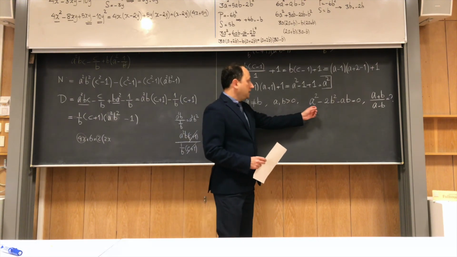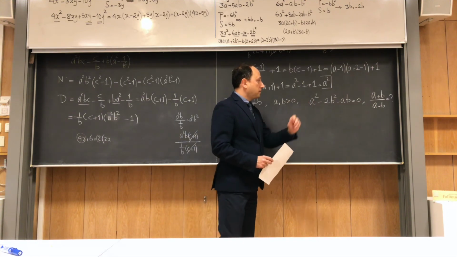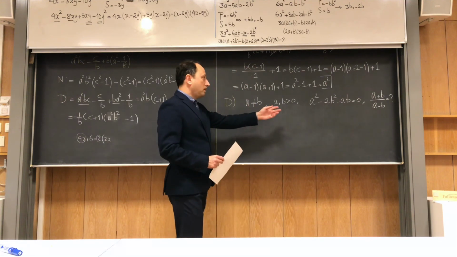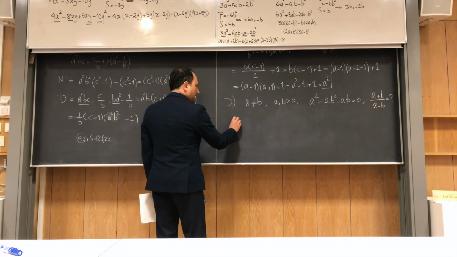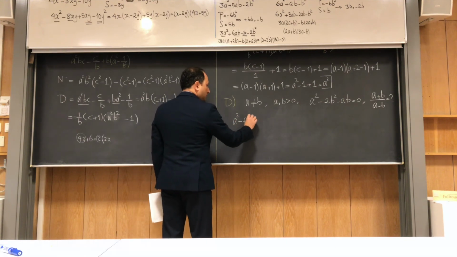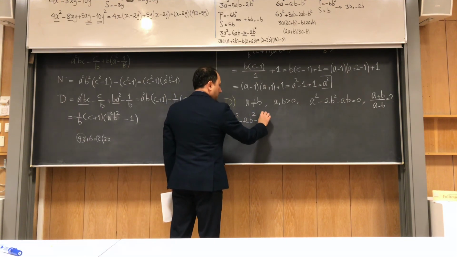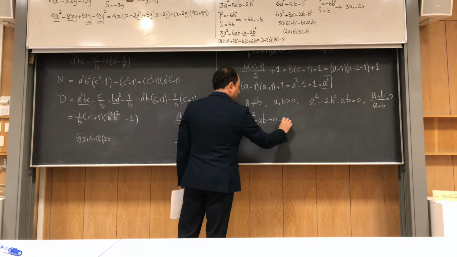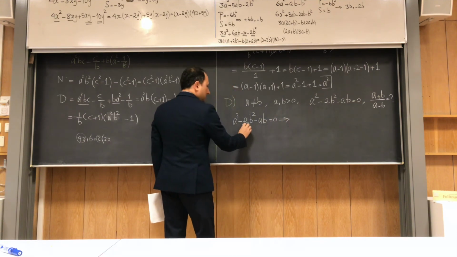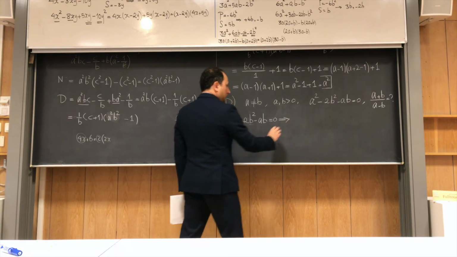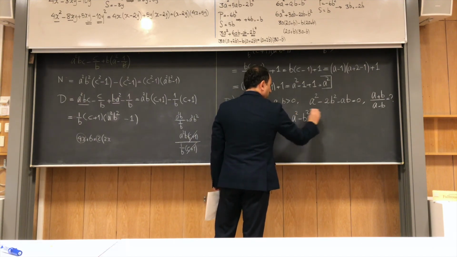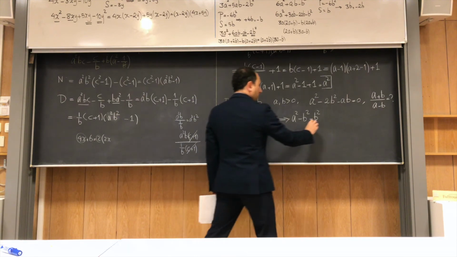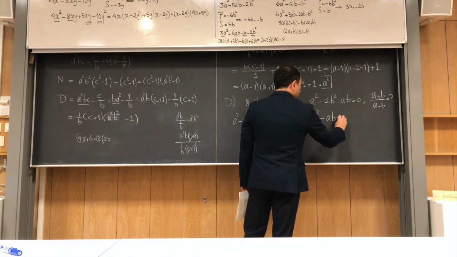So if you see, I can factorize this polynomial. Of course, this is a polynomial in terms of a and b. I can factorize it in this way. It's not that hard, yes? a squared minus 2b squared minus ab is equal to 0. This implies that instead of minus 2b squared, I can write it as minus b squared, another minus b squared, and then I have minus ab equals to 0.